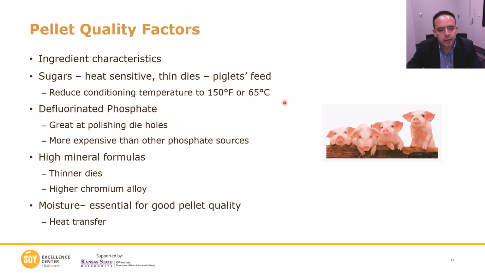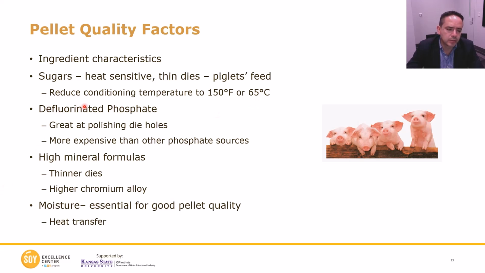You don't want to go above 65 degrees Celsius because this sugar is going to make like a cookie in the pellet die, and then you are going to plug the pellet mill. And a good practice here is to make sure that the system cools down before you start making those diets.